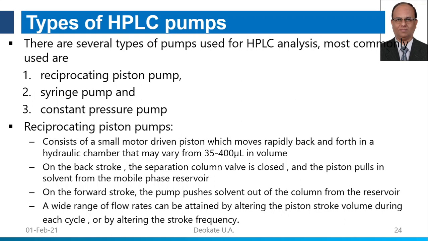On the backstroke, the separation column valve is closed and the piston pulls in solvent from the mobile phase reservoir. On the front stroke, the pump pushes solvent out to the column from the reservoir. A wide range of flow rates can be attained by altering the piston stroke volume during each cycle or by altering the stroke frequencies.